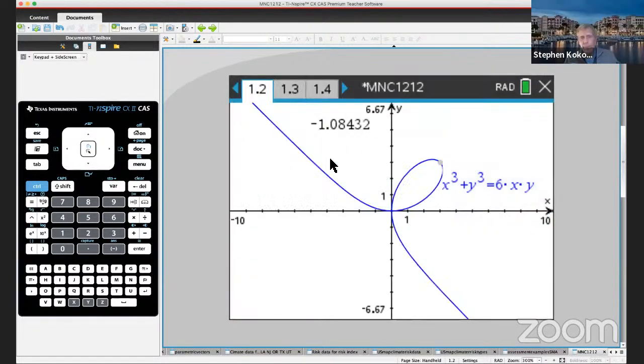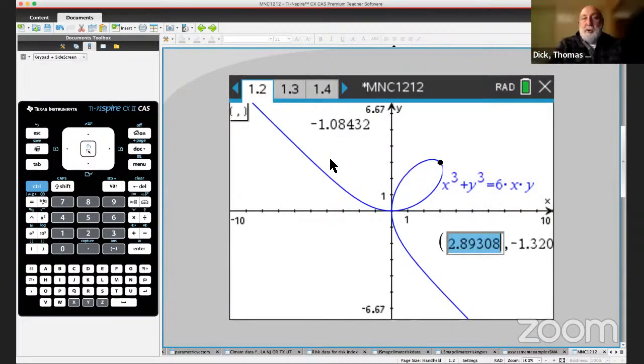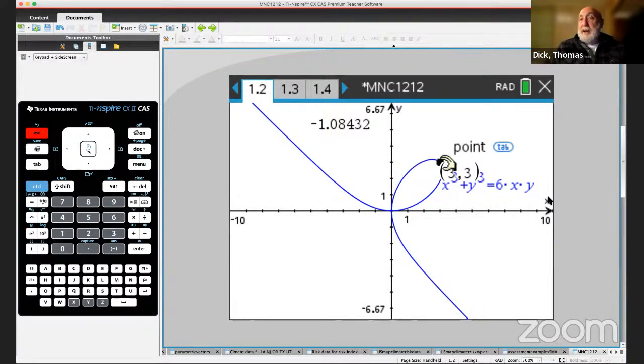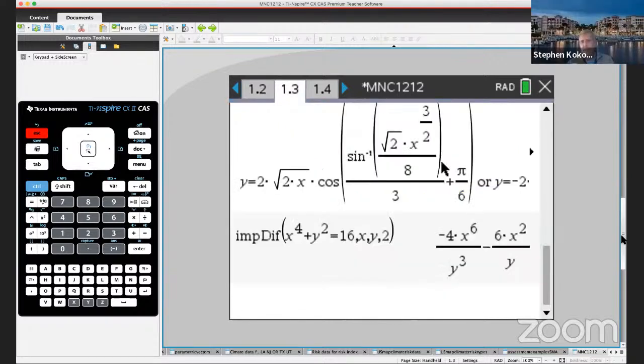Okay. And so I'm just going to put in 3, 3. Okay. All right. And then let's see. And yeah, well, we have an expression for the derivative at that point. So we could take a quick look at that, see what it should be. Okay. That was up here, I think.